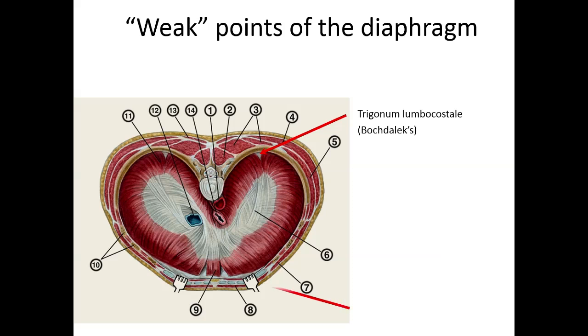And there is another analogous structure, trigonum sternocostale. Sure, they are paired, so we can find them on the left side and on the right side. Trigonum sternocostale is placed between the sternal part and the costal part of the diaphragm.